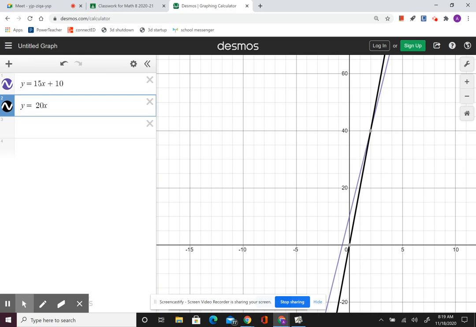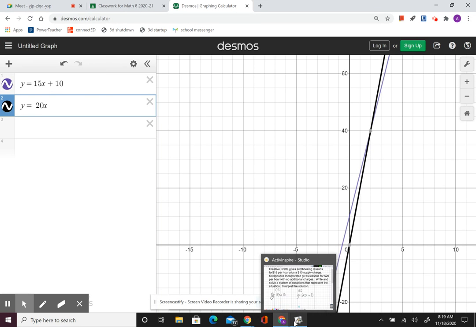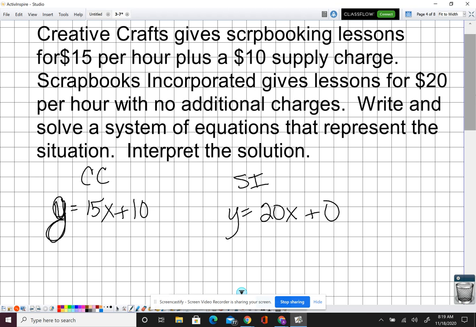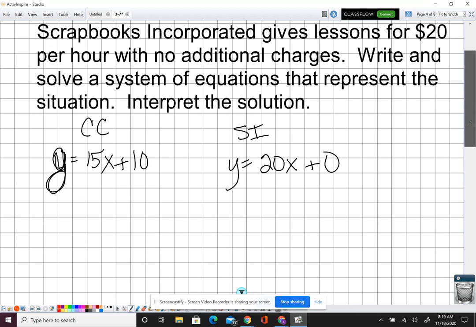But before 2 hours, Scrapbook Incorporated is the cheaper of the two things. So you could use this to look at in the future what you want to do based on the information that they give you.